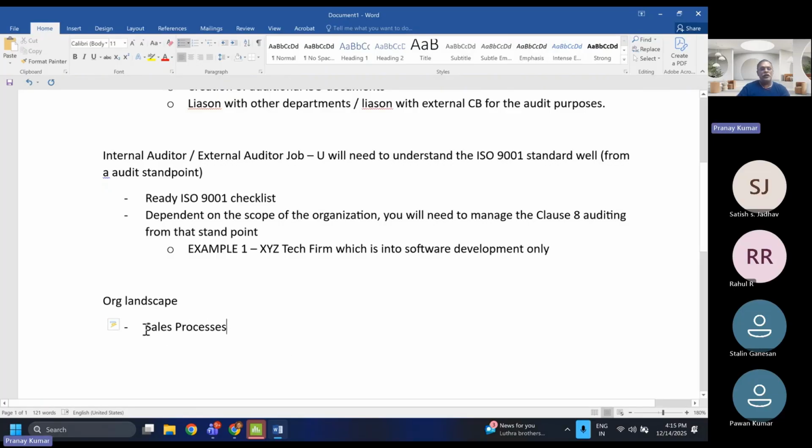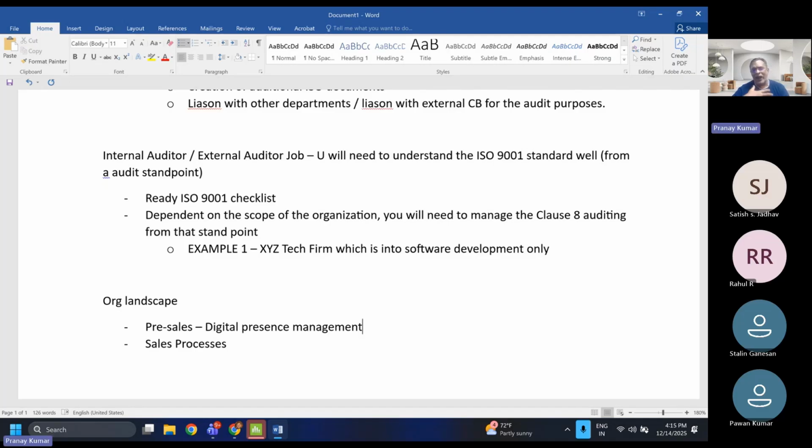And to enable the sales related processes, there would be some pre-sales related processes. For example, at AIG, there is a lot of digital presence management that we do. बहुत सारे ads post होते हैं. There's a lot of Facebook that comes to play, a lot of Google ads that comes to play. There is search engine optimization. So here, this is mostly around SEO, SMO, meta marketing, Google ads.